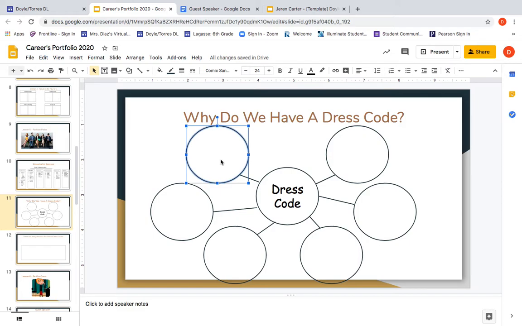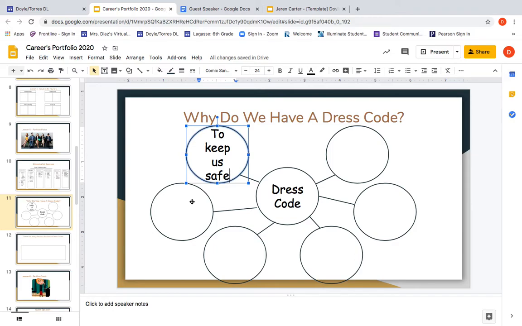Okay, so the first idea that is related to having a dress code was we have a dress code to keep us safe. And you may be thinking, well, why does a dress code keep us safe?